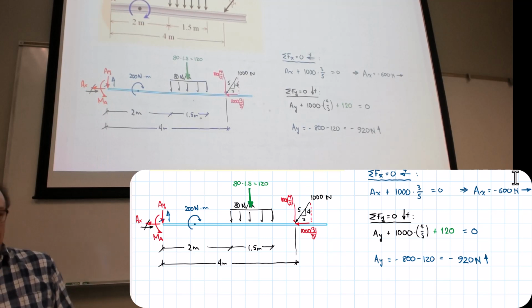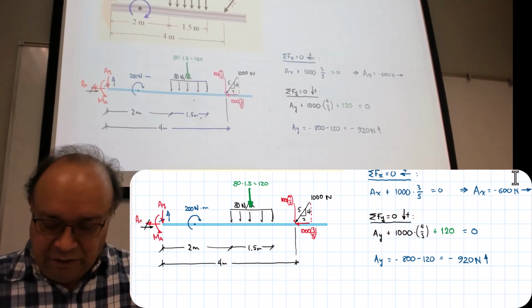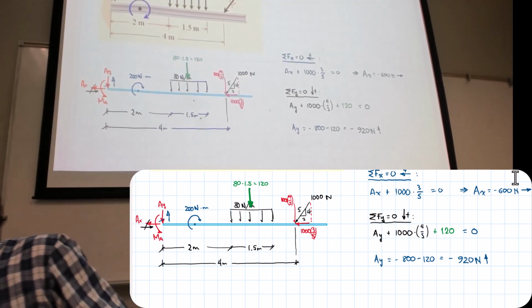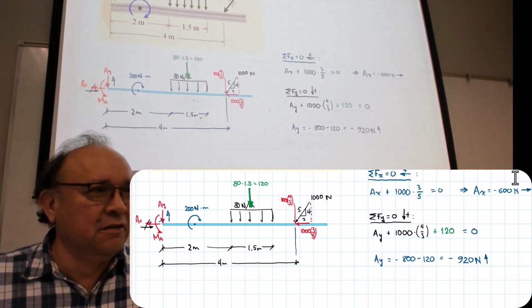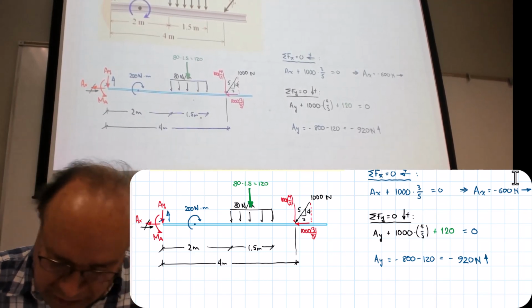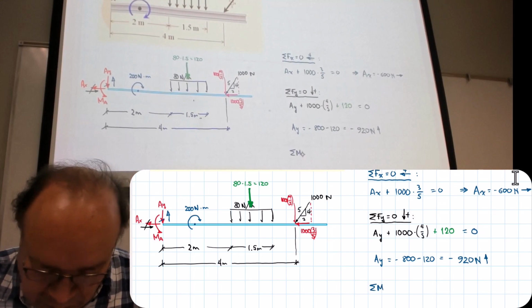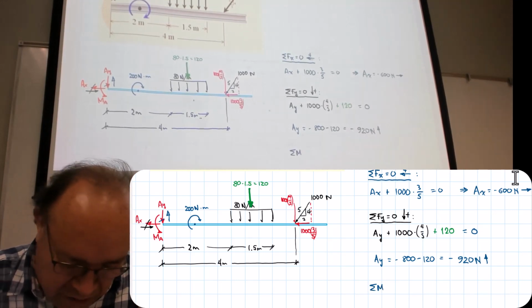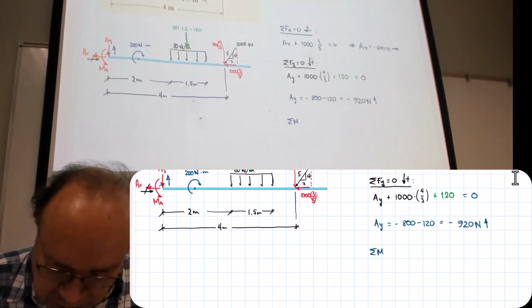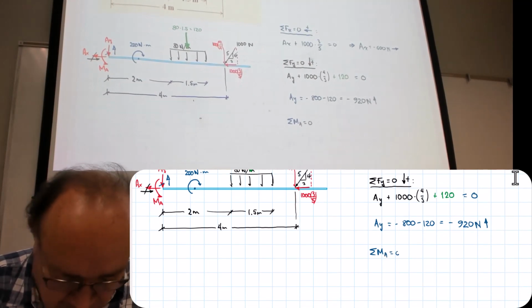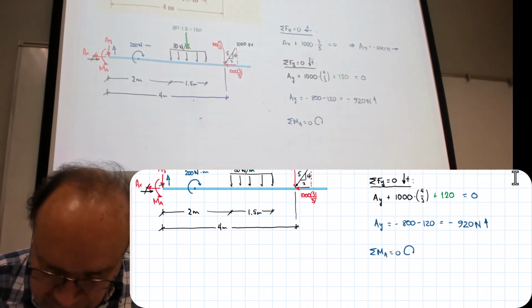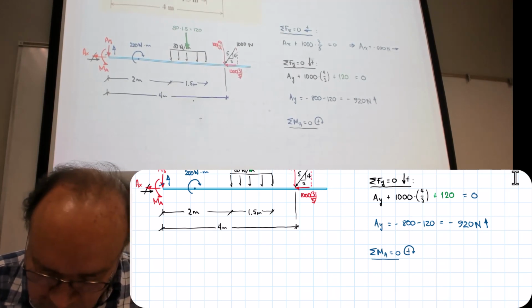Okay. So shall we leave the other for the next class, or can you stay 1 more minute? 1 more minute, quickly. Summation of moments with respect to what point? Any point. Let's put summation of moments about point A equals 0. I'm going to do positive in this direction. Okay?